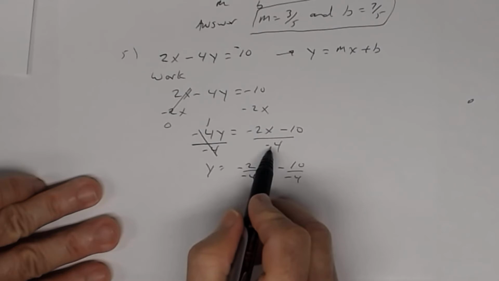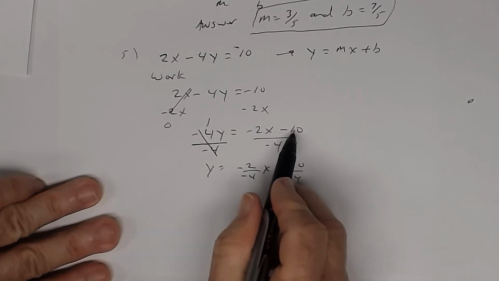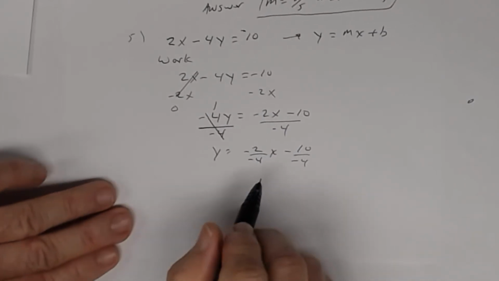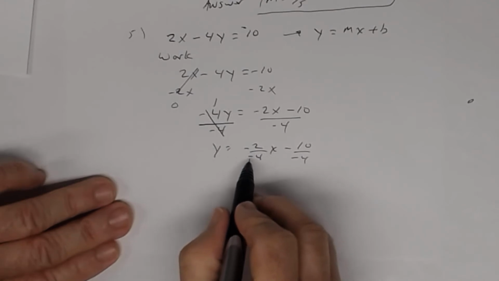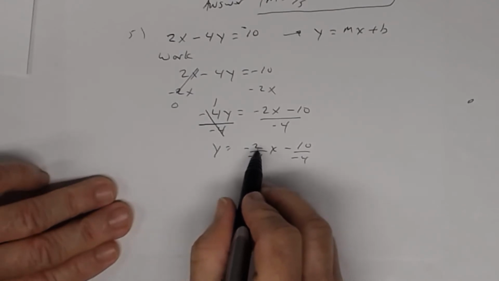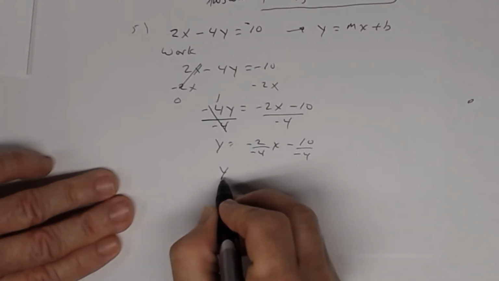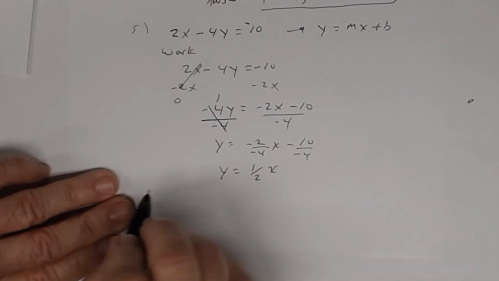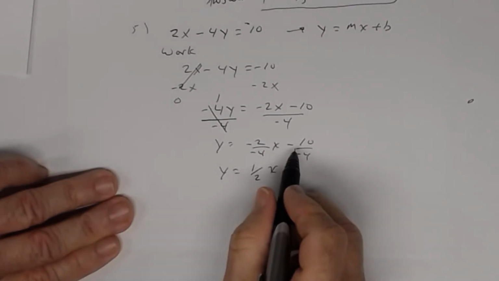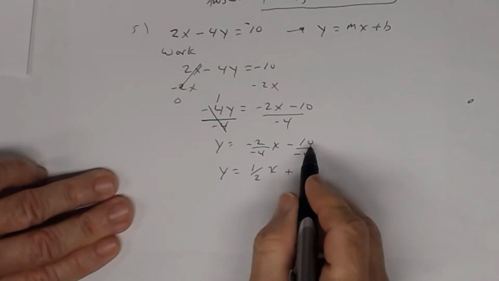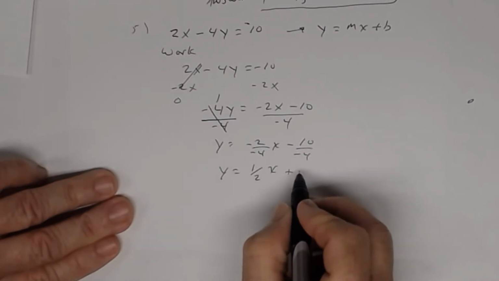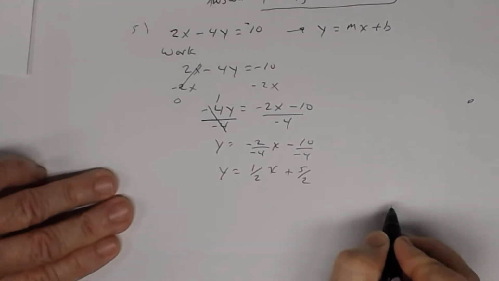Now be careful. A negative divided by a negative is a positive, and when I reduce, 2/4 is 1/2 x. A negative divided by a negative is a positive, and 10 divided by 4 reduced is 5/2.